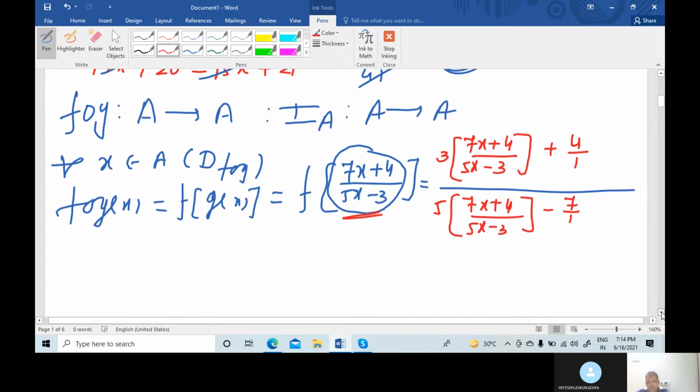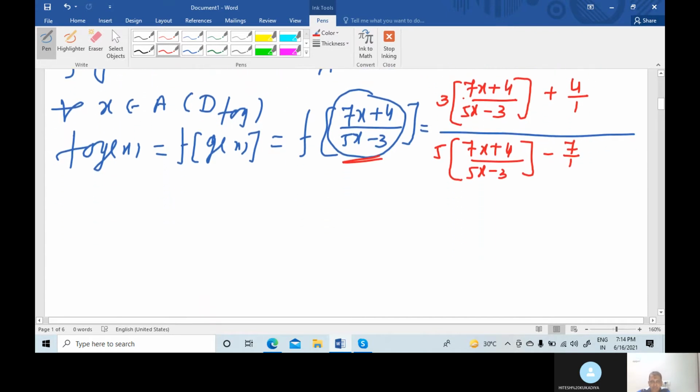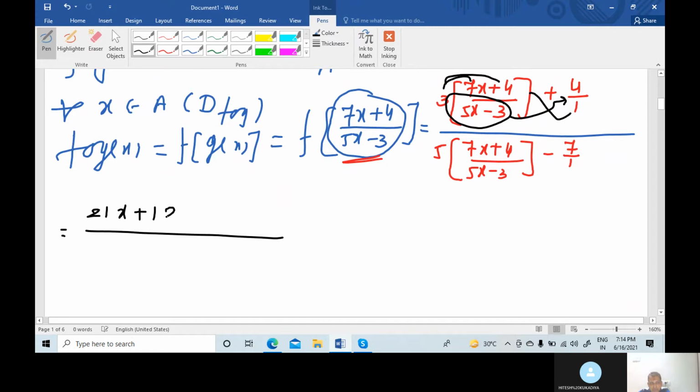Now cross multiplication, simplify and check your answer here. 1 multiplies here and 5x - 3 multiplies here. Calculation here. Okay, now open the bracket. 3 7s are 21x, 3 4s are 12, and (5x - 3) multiplied by 4. 4 5s are 20 and 4 3s are 12.